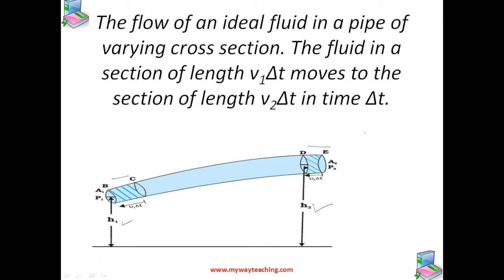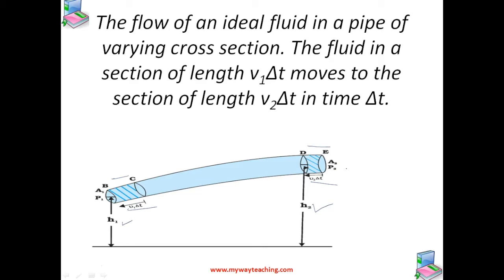Suppose V1 is the speed at B and V2 is the speed at D. Then fluid initially at B has moved a distance of V1 into delta t to C. And similarly, in that same time interval, the fluid initially at D moves to E, a distance which is equal to V2 into delta T, isn't it? That is given in this figure. They have written here V1 into delta T, V2 into delta T.